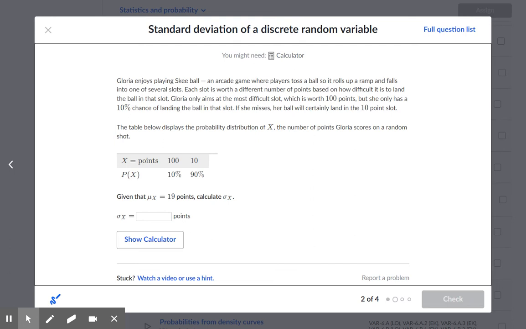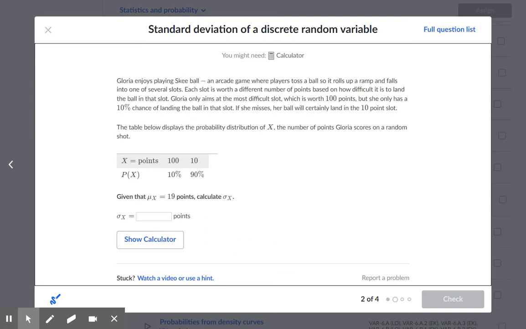Gloria only aims at the most difficult slot, which is worth 100 whopping points. But she only has a 10% chance of landing the ball in that slot since it's the most difficult. So if she misses, her ball will certainly land in the 10-point slot.